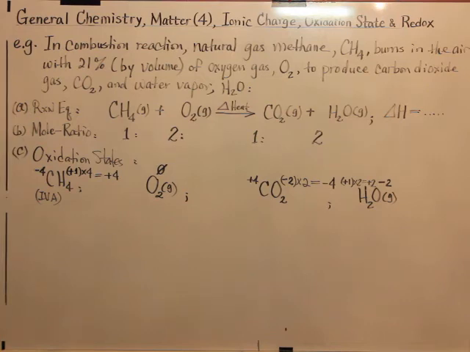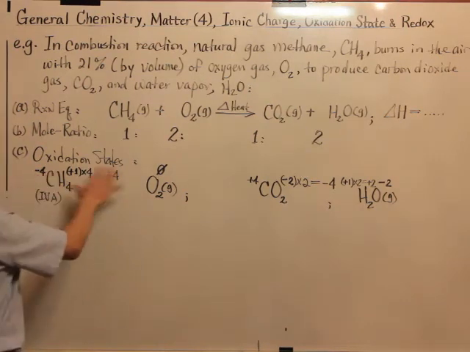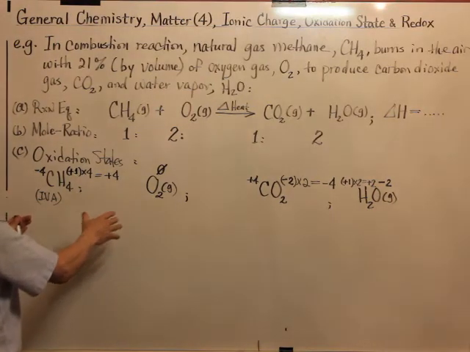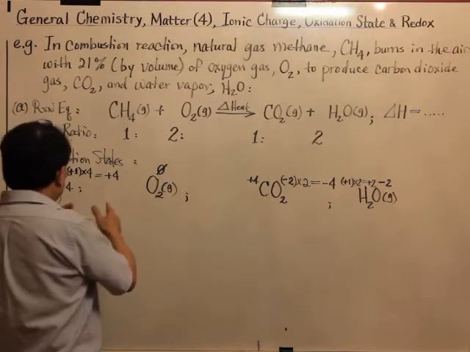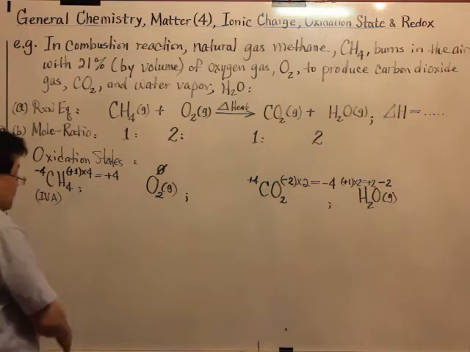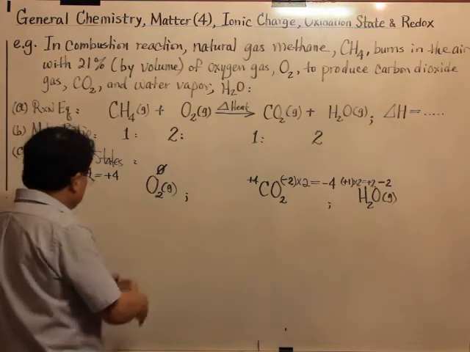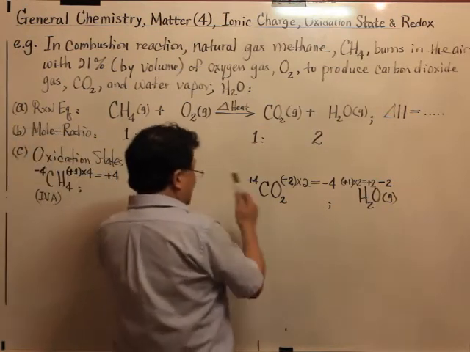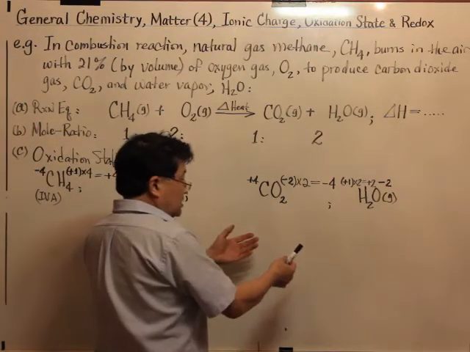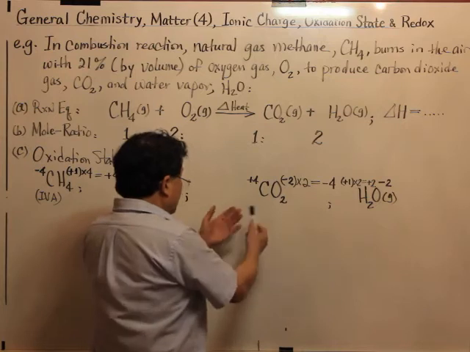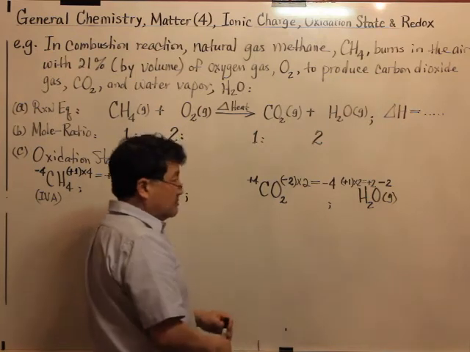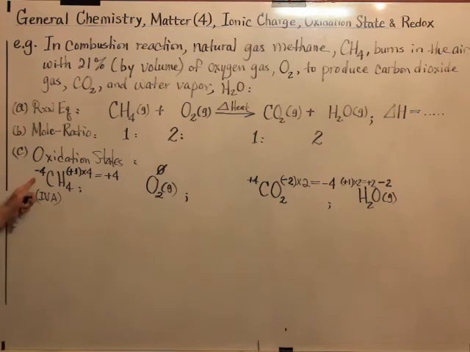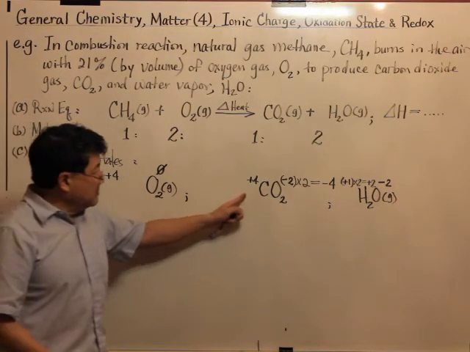So now we figured out the oxidation states. Before the reaction occurred, inside methane carbon is -4, and then oxygen is 0, right? And the hydrogen is +1. And after the reaction, the products, the first one, carbon dioxide. Carbon no longer maintains the -4 status, it becomes +4.